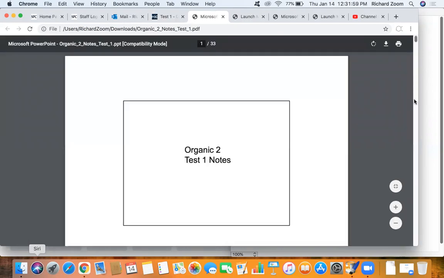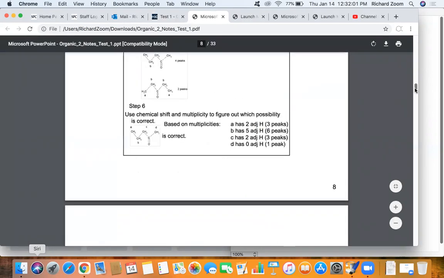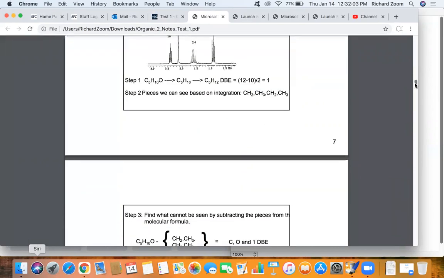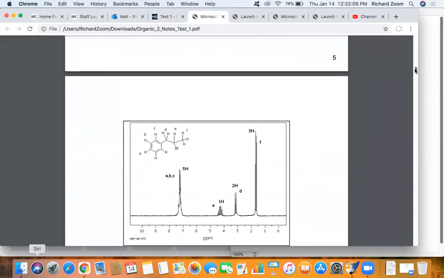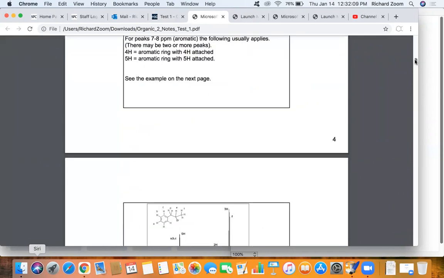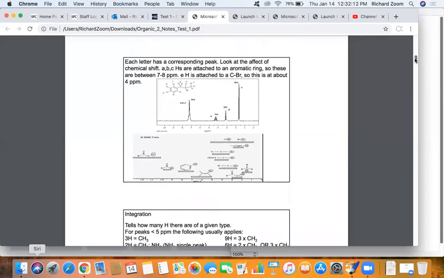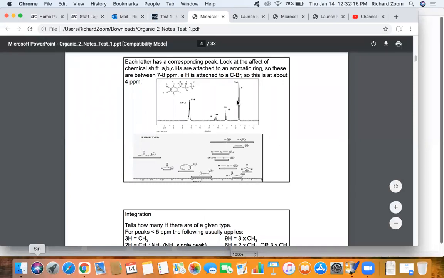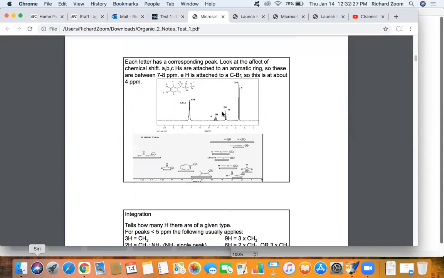Okay, so we were discussing NMR. I had talked about the three things that make up an NMR spectrum. I talked about chemical shift, and chemical shift allows us to tell what kind of hydrogen we're dealing with. I talked about integration, which is these numbers above the peaks, which tells us how many hydrogens we're dealing with.